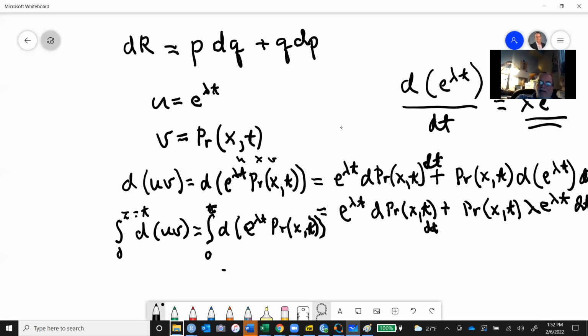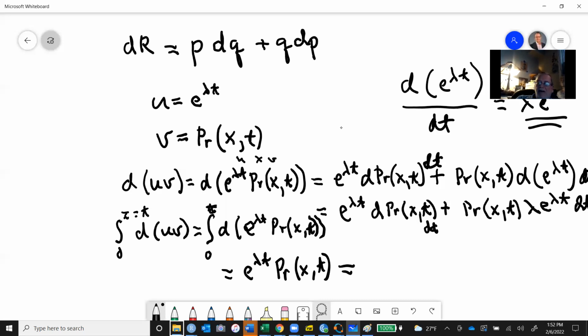These two things are simply equal to e to the lambda t d x. At 0, those things are zeroing out.